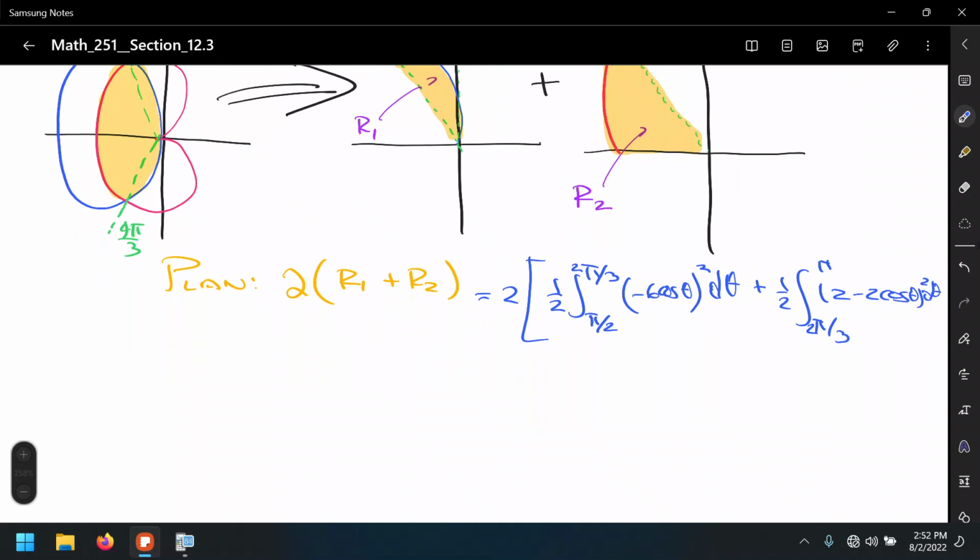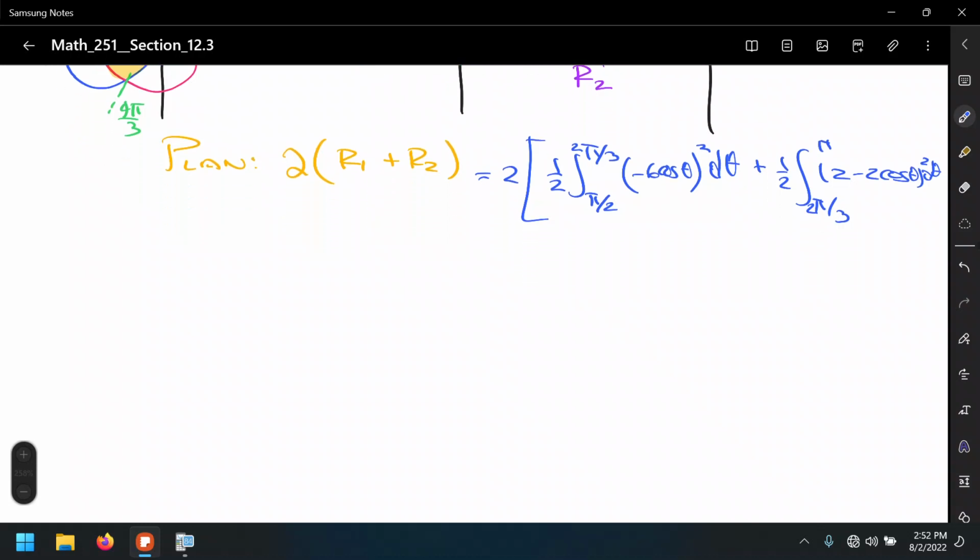Okay, well, let's simplify. Let's distribute the 2 so we can get rid of one of these 1/2 factors. So that's going to be simply the integral from pi over 2 to pi over 3 of 36 cosine squared theta d theta, plus 2 times 1/2, the 2's cancel, the integral from 2 pi over 3 to pi.